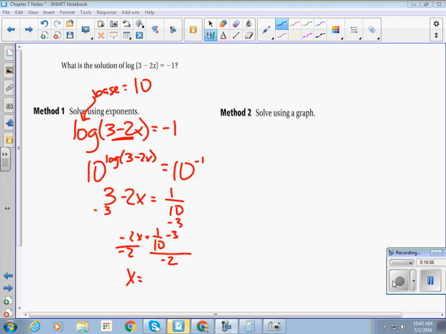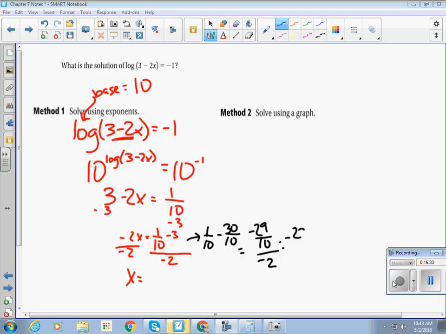Let's deal with this. So 1/10 minus 3 is the same as 1/10 minus 30/10, which is negative 29/10. And then I'm dividing that by negative 2. Dividing by a number is the same as multiplying by its reciprocal.